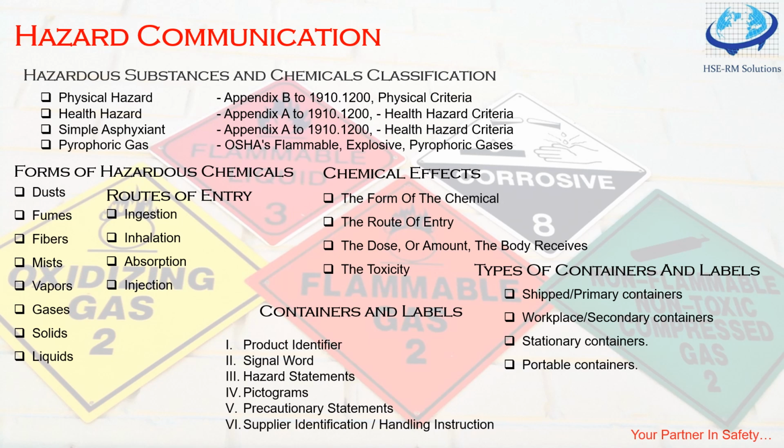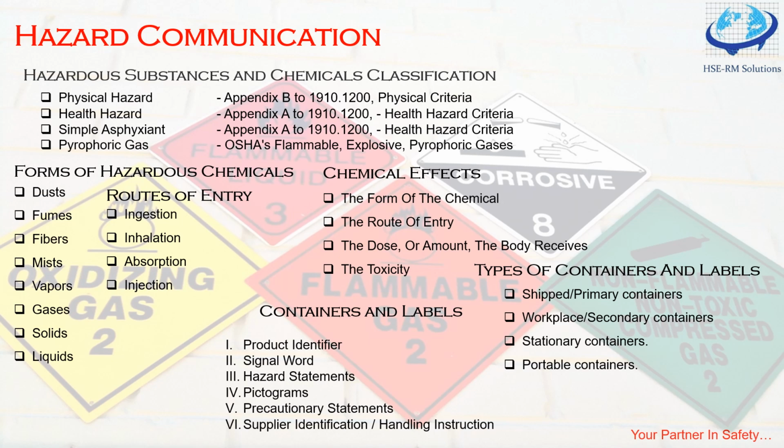And what are gases? Gases are substances that are normally airborne at room temperature. The vapor is the gaseous phase of a substance which is normally in a liquid or solid state at room temperature. Solids include metal, treated wood or plastic, and liquids are the most common form in the workplace.